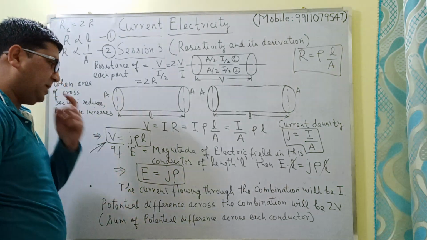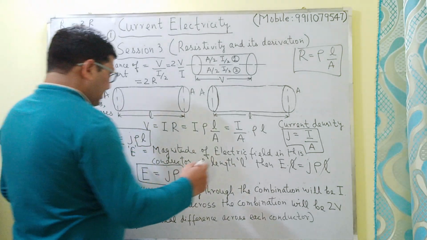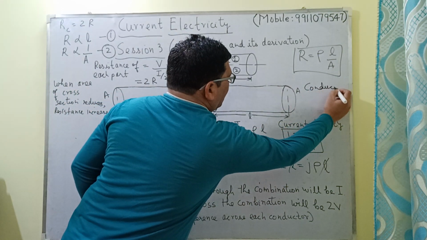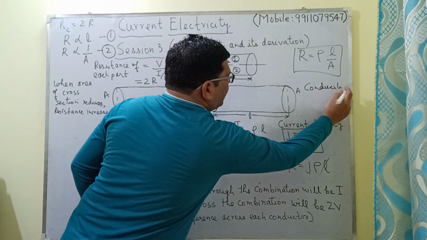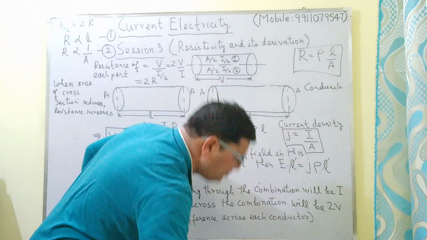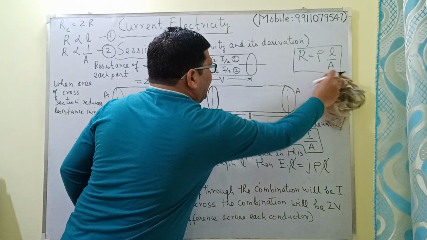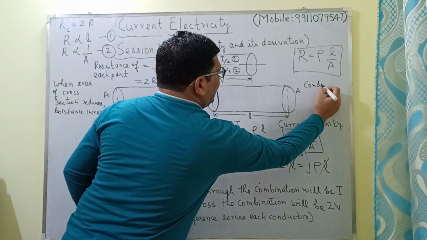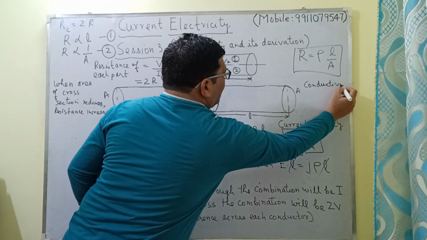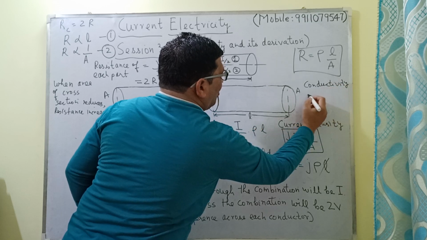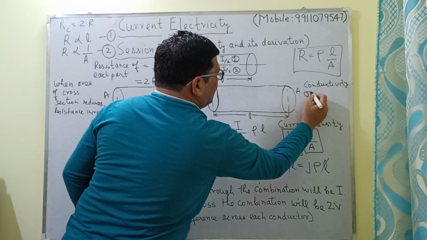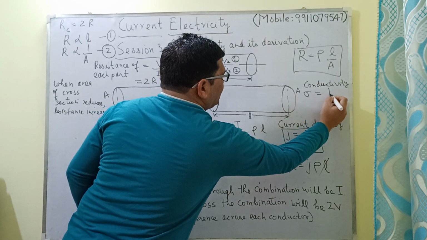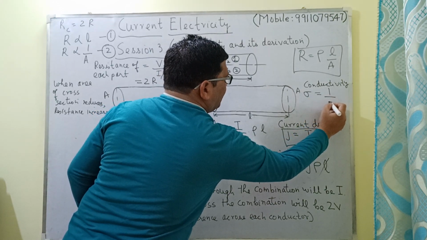And there's one more thing, that is the conductivity of a conductor, which is denoted by sigma. This is equal to 1 upon rho.